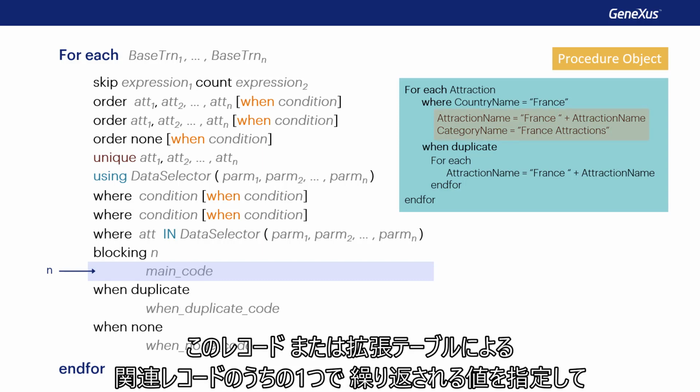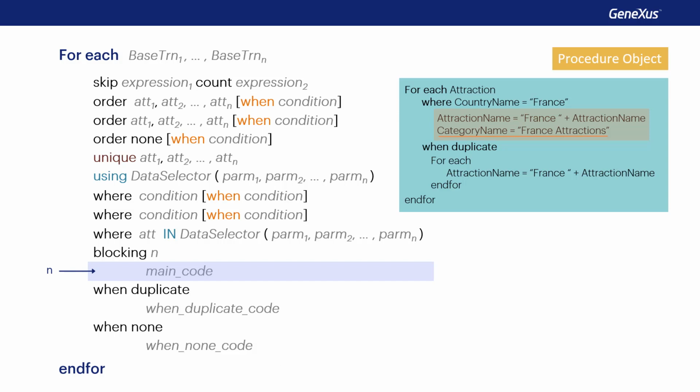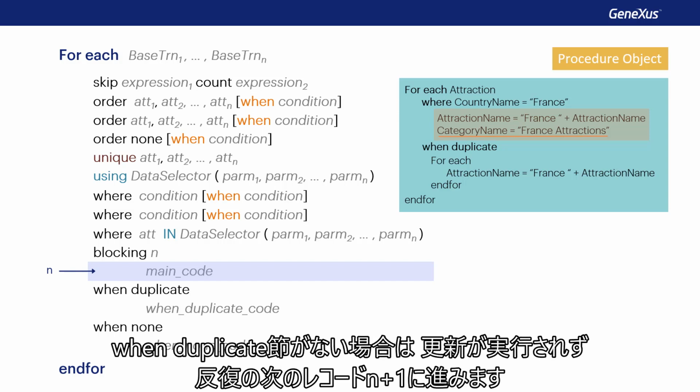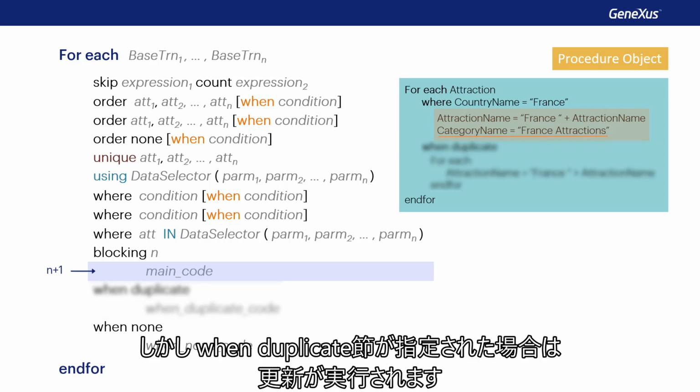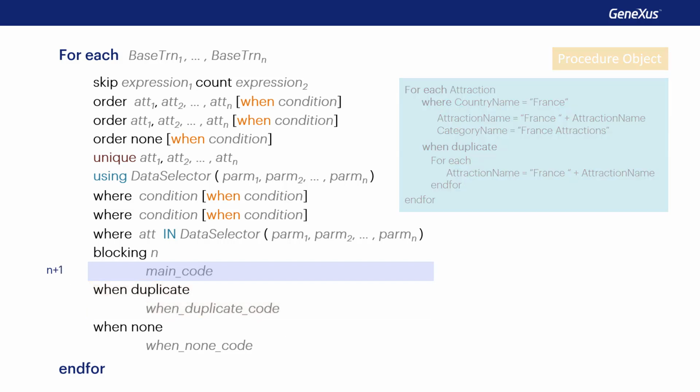And for that record, or one of its related records, by extended table, we're trying to update one of its attributes that's a candidate key by giving it a repeated value. Then, if there's no when duplicate clause, the update is not performed, and it moves on to the next record of the iteration, n+1. But if the when duplicate clause is specified, it's executed. Then the next record of the for each, n+1, is processed.